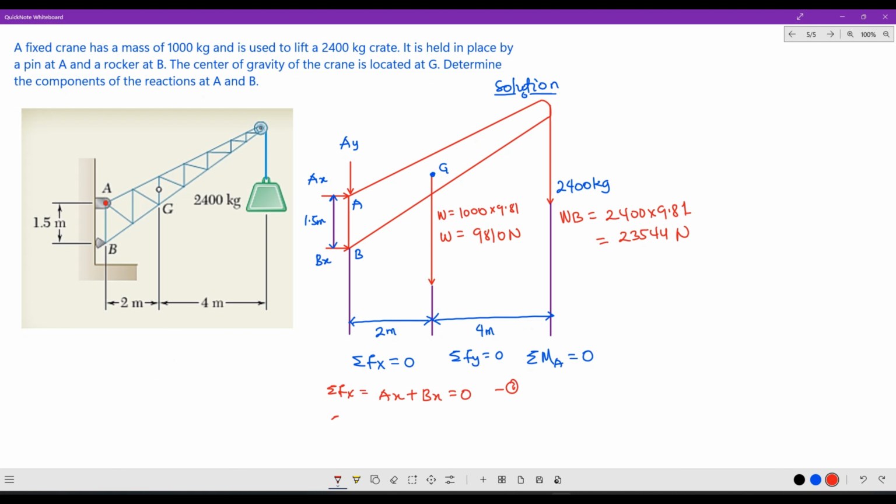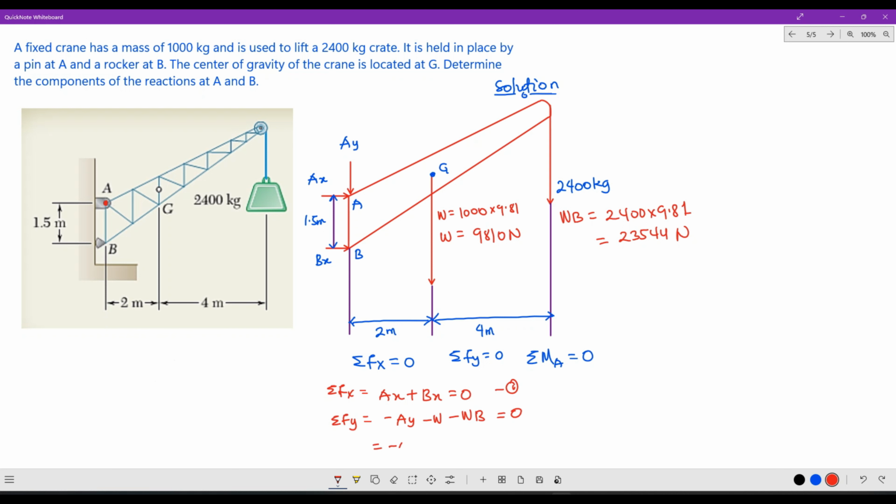Let's consider the second one, which is the sum of the forces in the y-axis direction. For that one, you're going to have minus Ay, and then minus W, which is the weight of the crane, and then minus WB, which is the weight of the block, and this should be equal to 0.